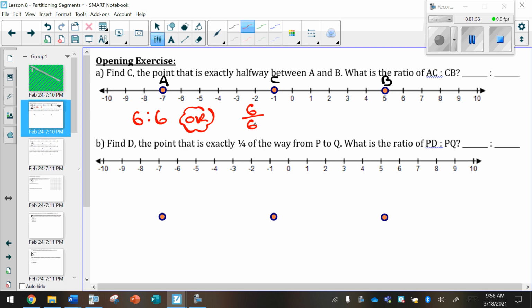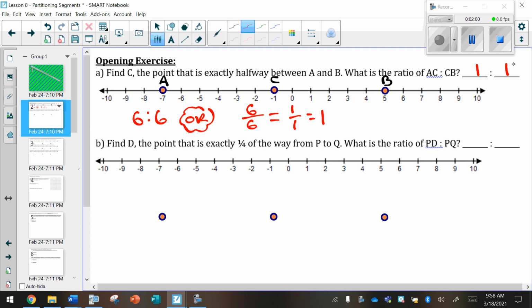Now when you write it as a fraction, that's the easier way to see how it reduces to 1/1. If you were asked to do this as a scale factor or write the ratio in fraction form, you just have a 1, which we'll need to interpret later on in the unit. From AC to CB, our ratio is 1/1. If you put 6 to 6, that would also be okay because those are the accurate lengths.